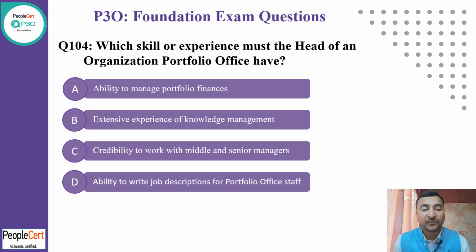Question 104: which skills and experience must the head of an organization portfolio office have? Options: ability to manage portfolio finance; extensive knowledge of knowledge management; experience of knowledge management; credibility to work with middle and senior management; and ability to write a job description of the portfolio office. Here they ask about the head of an organization portfolio office.